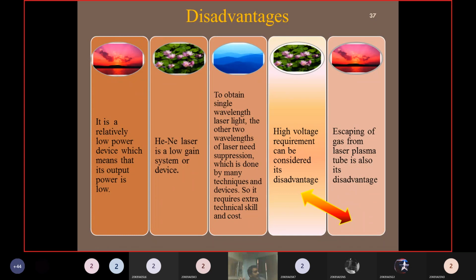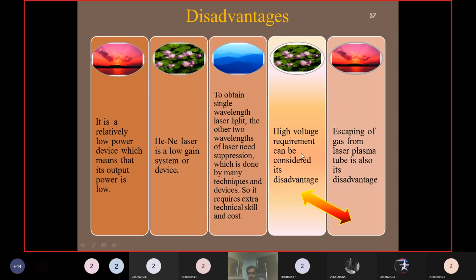One laser will have the highest intensity, the remaining have very little intensity. But if you want only one wavelength laser, we have to suppress the remaining wavelengths. So we have to use other techniques to remove the remaining lasers, and that needs some extra technical skill or extra cost. So that is one disadvantage.